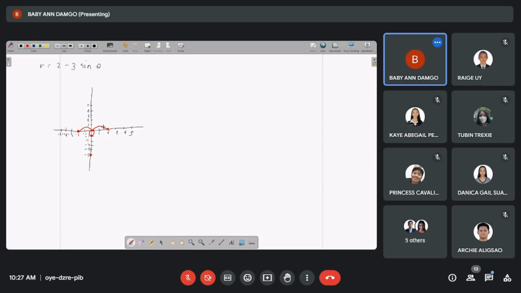This one. So kung ato siyang i-graph anhi, para ma-illustrate yun, we have cosine. So this is the graph. So this is a limason with a loop. Okay, question?